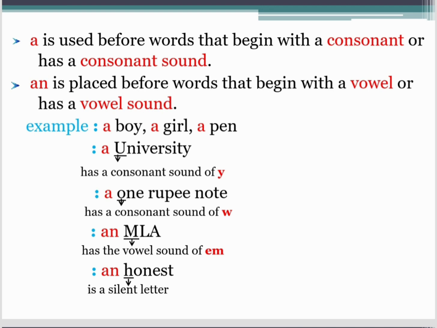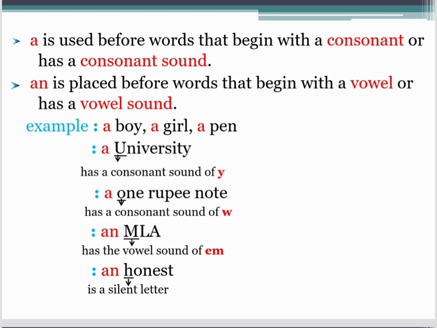Similarly, we will write a uniform and a utensil. Again, uniform begins with a vowel U, but it has the pronunciation of U, that is a Y sound. Similar is the case of utensil.